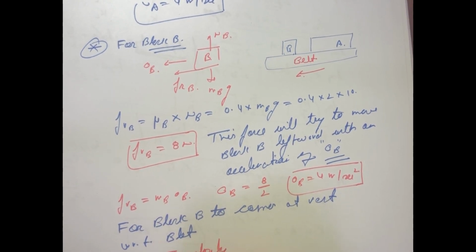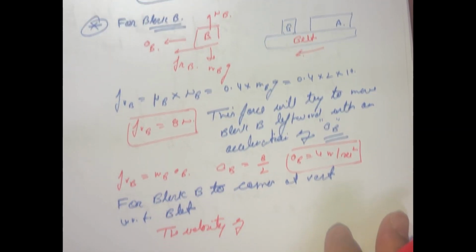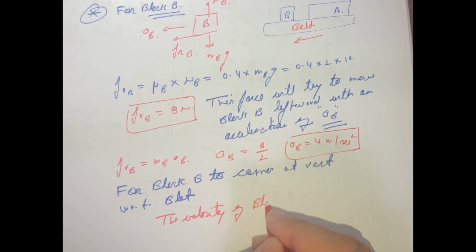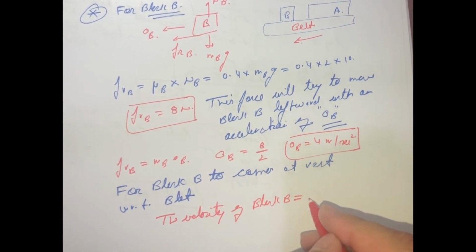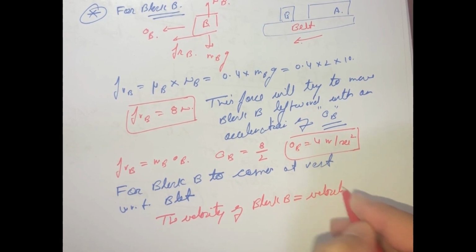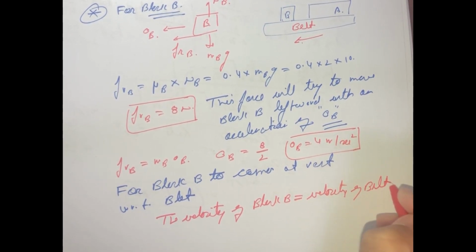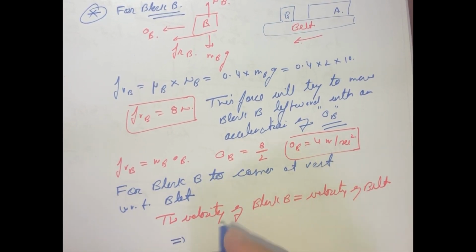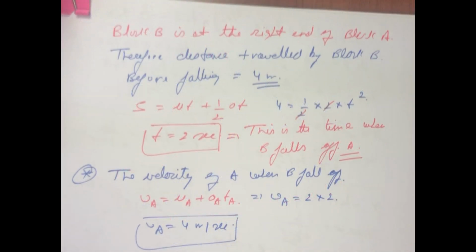The velocity of block B should be equal to the velocity of the belt. So from here we can say that the velocity of block B, that is VB, will be equal to 8 meter per second. We get the velocity of B as 8 meter per second.